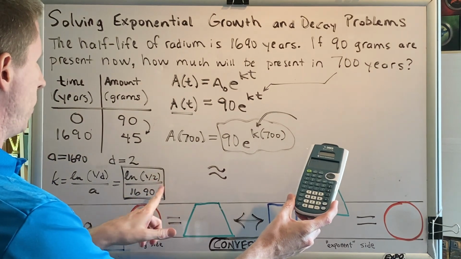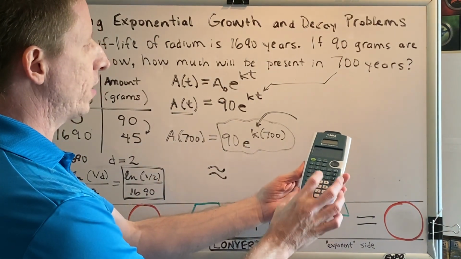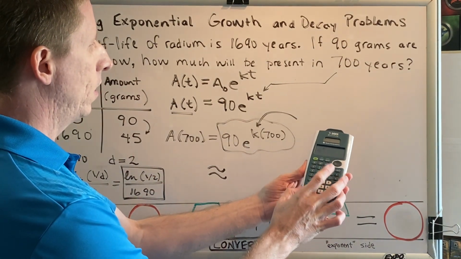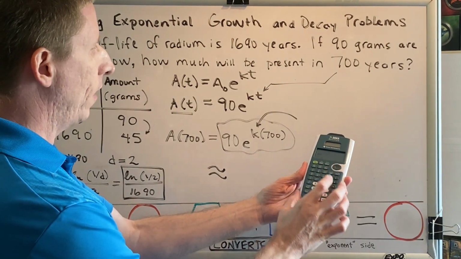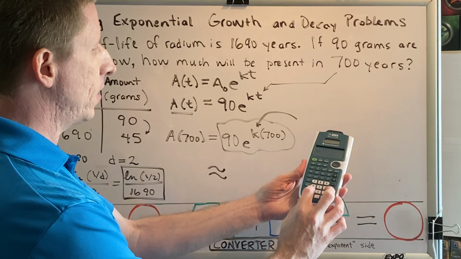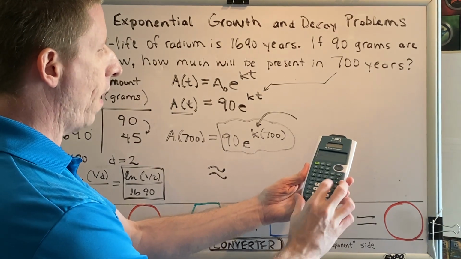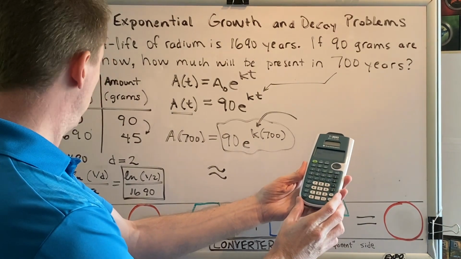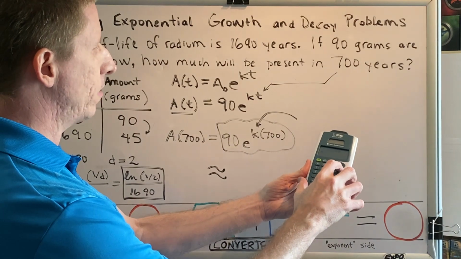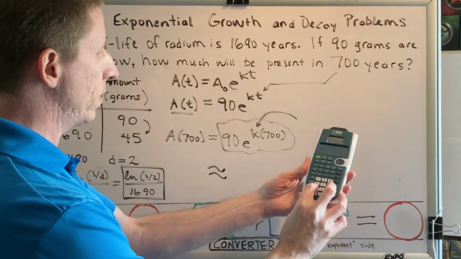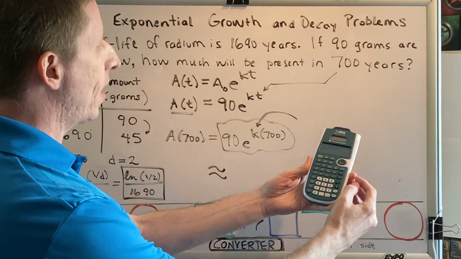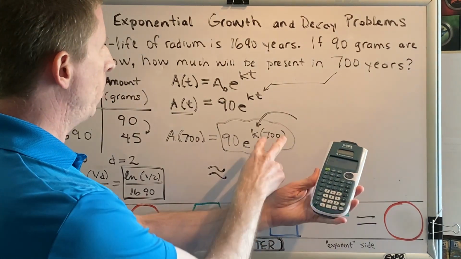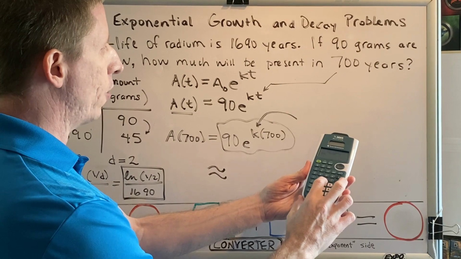Now k happens to be this fraction, so I'm going to hit the fraction button, n over d. I'm going to enter the top, which is the natural log of 1/2, ln. It gives me parentheses, so all I have to do is 1 divide 2, close parenthesis. I'll use the d-pad to get down to the denominator, where I can put 1,690. I'll use the d-pad to get alongside the fraction. Then I can put my parentheses times 700.